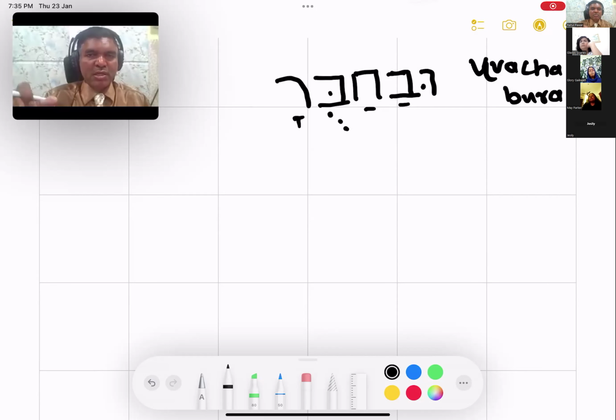In modern Hebrew, there are the letter Beth, the second letter Wow, and the last letter Tau. They have very different pronunciation.